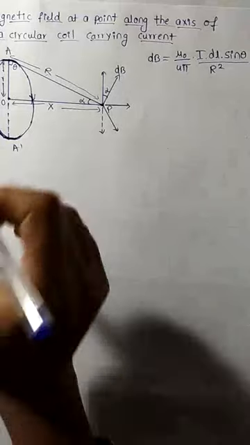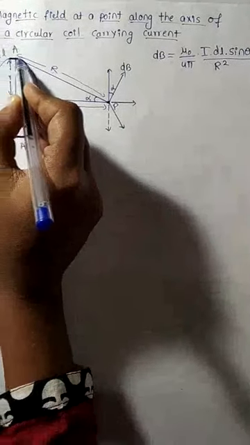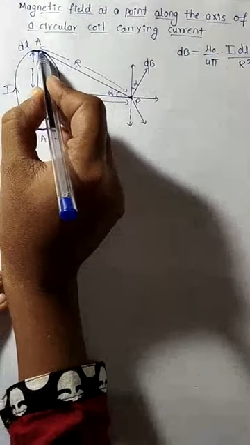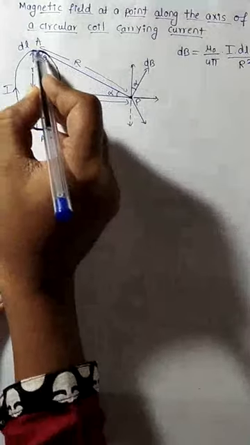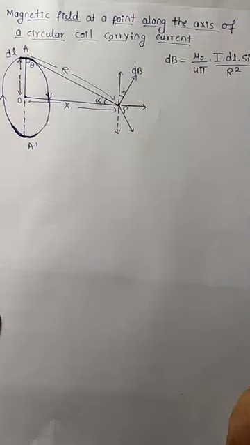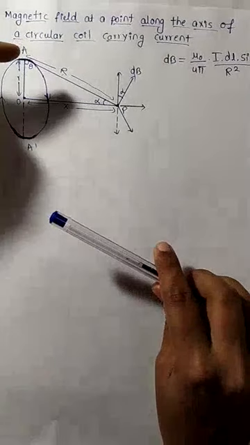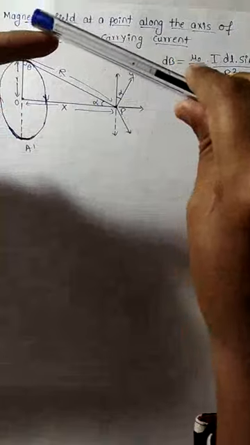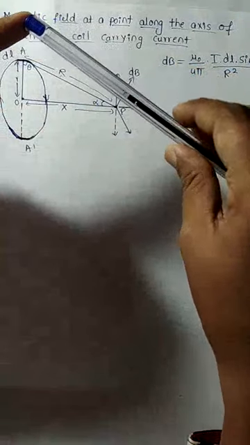As you are seeing, this is the direction of the current element, and this is the direction of the line joining. So this angle we should find. If you come across that, you will come to know that this is the current element direction, and like this the point you had joined.